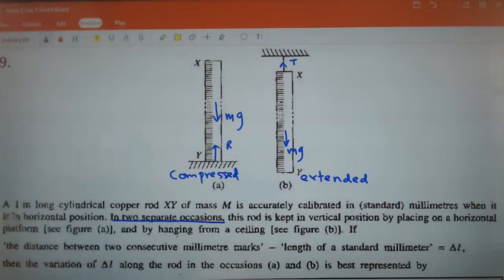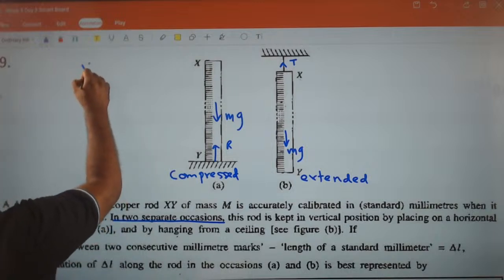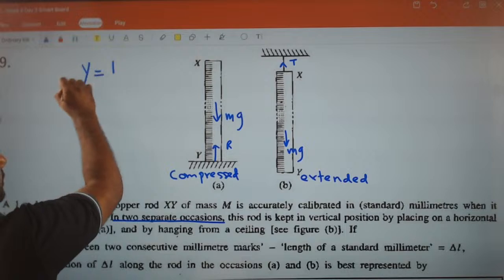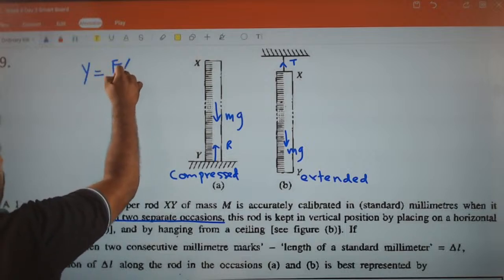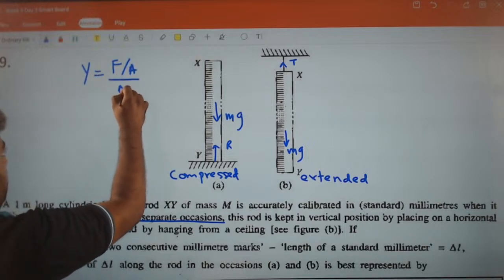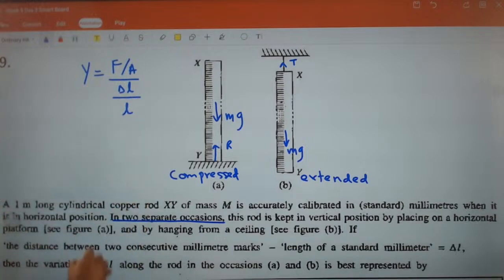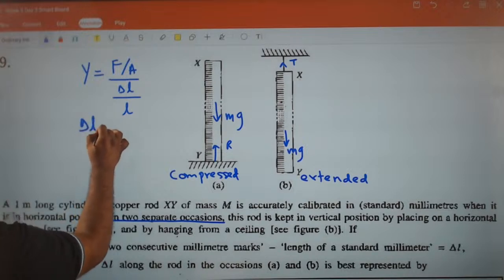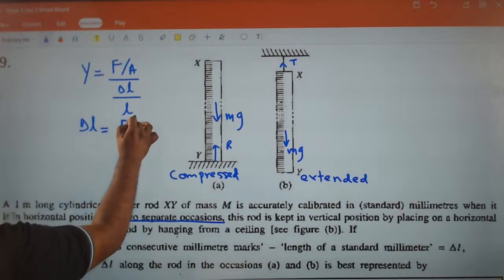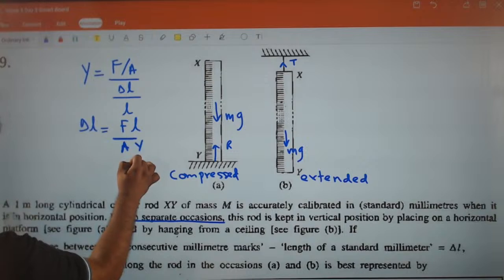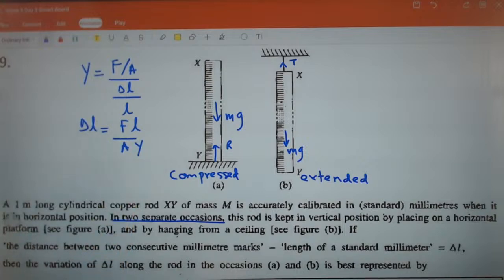Okay. So Young's modulus is stress over strain, force over area, delta L over initial L. Cross multiply, delta L is equal to FL over A Young's modulus. Right.